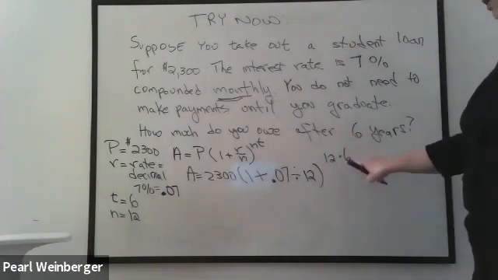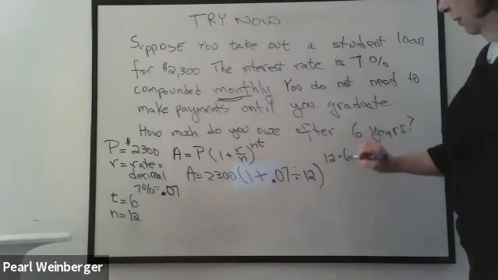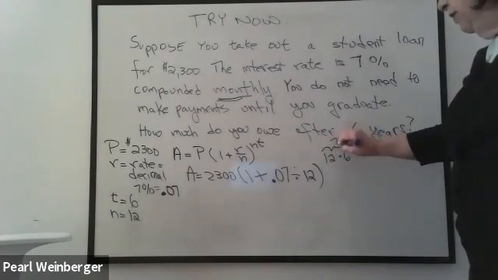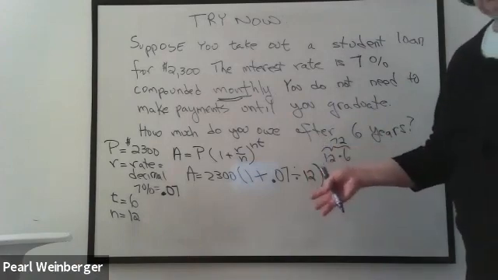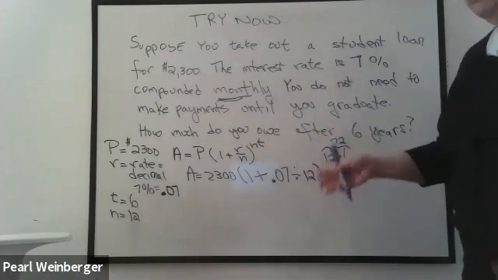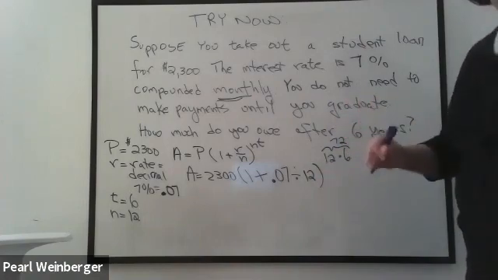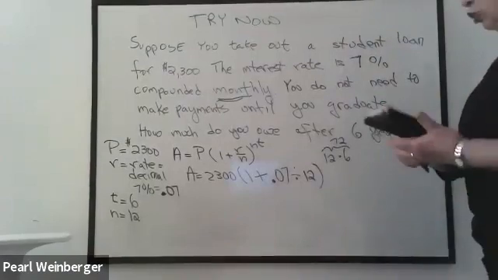Now, the 12 times 6, I think you should figure out first before you put it into your parentheses. Now, we know what 12 times 6 is. It's 72. That's why you cannot do this in your head. You must have a calculator because you're doing something to the 72nd power. You're using an exponent of 72.